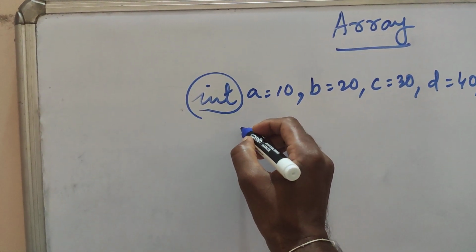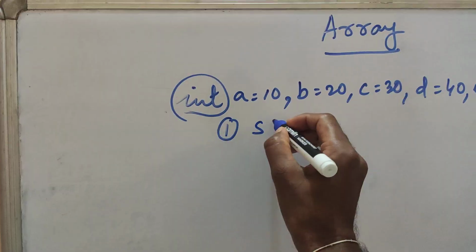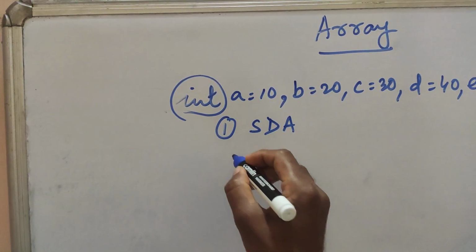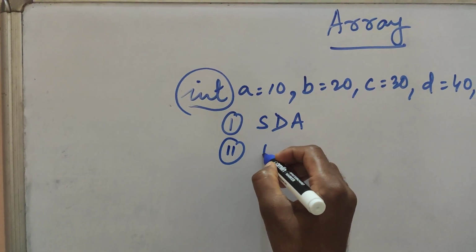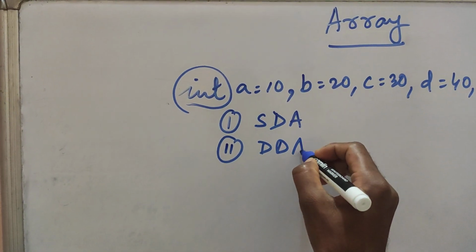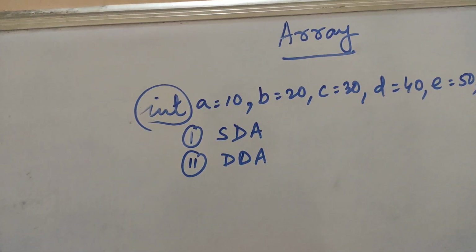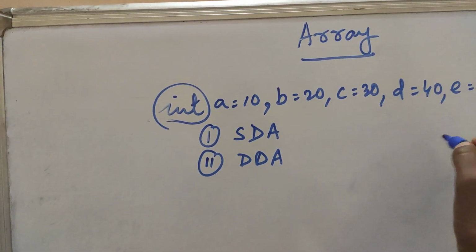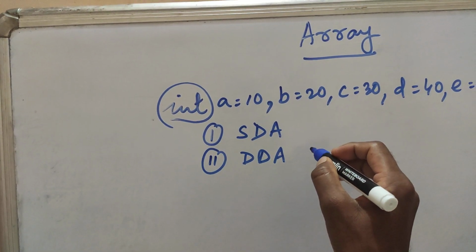Now, an array is of two types. One is SDA, two is DDA. SDA means single dimensional array. DDA means double dimensional array.